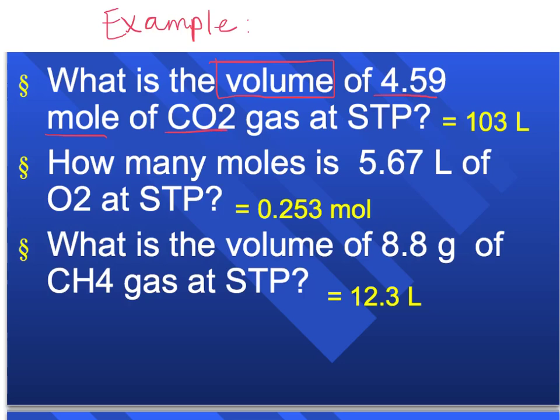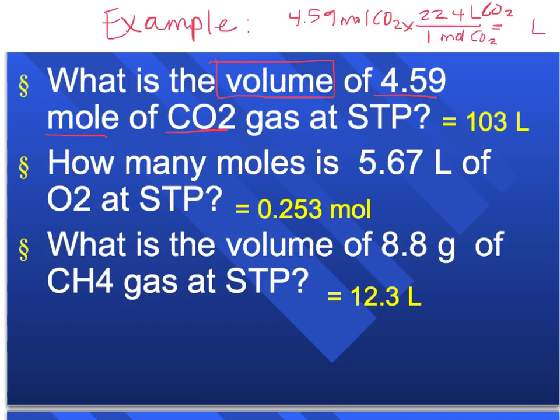So I'm going to set that up with my given, so 4.59 moles carbon dioxide. Then I need to set up a conversion factor, and I'm trying to get into liters. Well, on the last slide, we found that our conversion factor was that for every 22.4 liters, that's equal to the volume of 1 mole, and I need to put CO2 here, 1 mole of CO2.